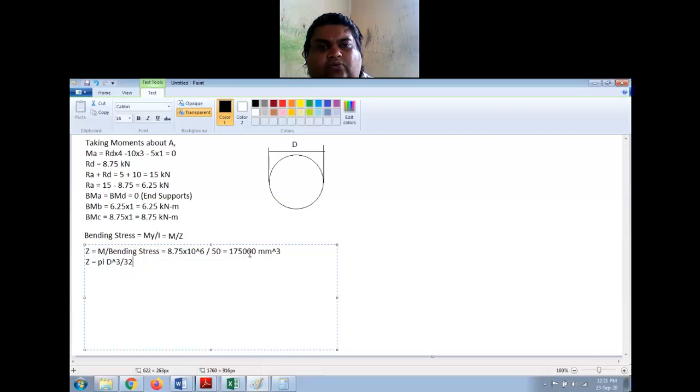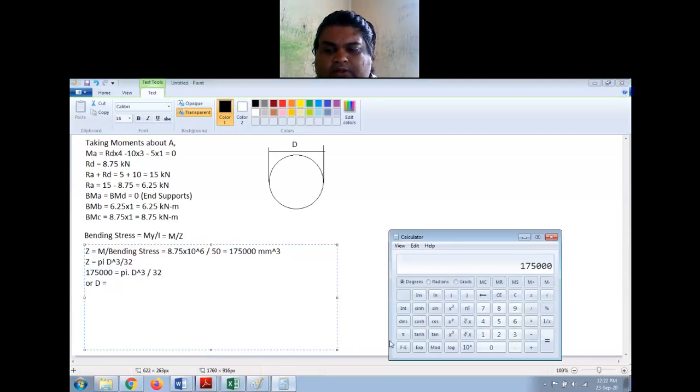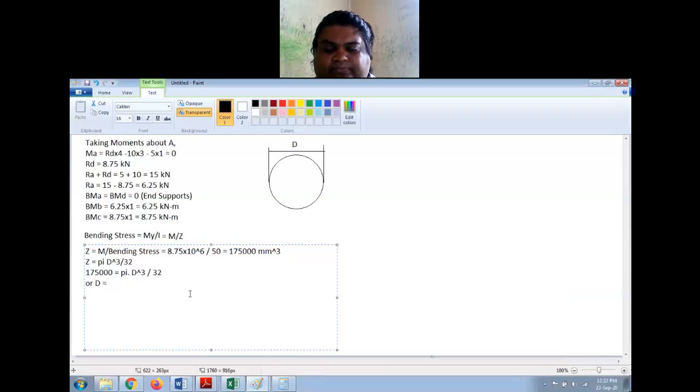Now that value is 175,000, so from this I can find d. 175,000 is equal to pi into d cube by 32, or d is equal to the cube root of this into 32 by pi, which is 121.25, right?